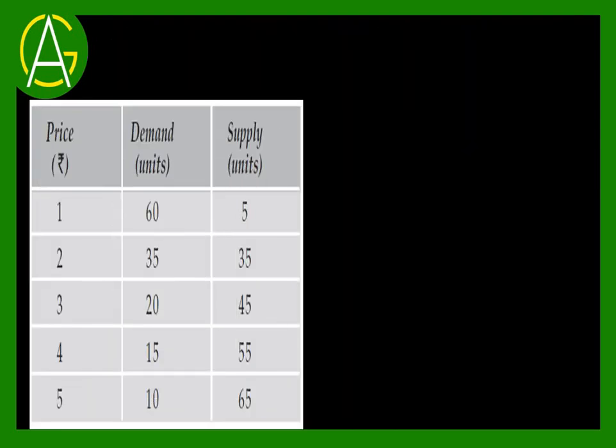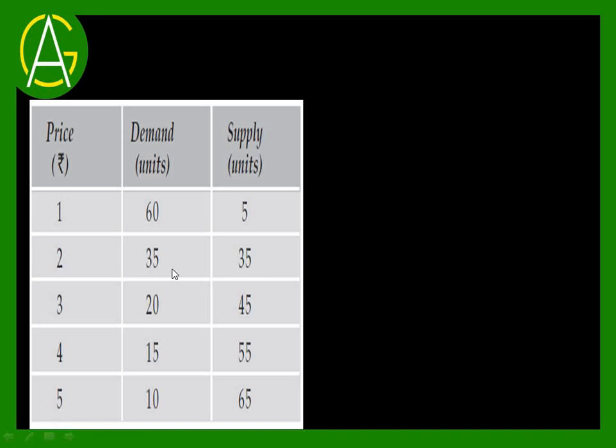Let us see how equilibrium arises. Demand and supply are given here. Say for example, at the price of 1 rupee, the demand is 60 and supply is 5. It is not equal. The price will be increased. So for example, at the price of 2 rupees, the demand is 35 and supply is 35. So demand and supply are equal.